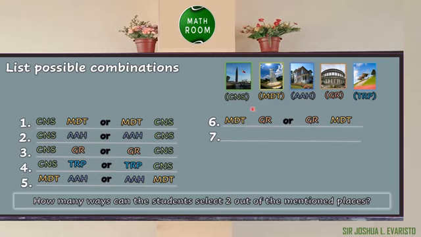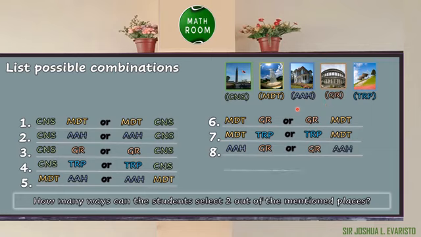The 7th combination is Monasterio de Tarlac followed by Tarlac Recreational Park, or Tarlac Recreational Park followed by Monasterio de Tarlac. Number 8, we have Aquino Ancestral Home followed by Goshen Resort, or Goshen Resort followed by Aquino Ancestral Home. Our 9th combination is Aquino Ancestral Home followed by Tarlac Recreational Park, or Tarlac Recreational Park followed by Aquino Ancestral Home.